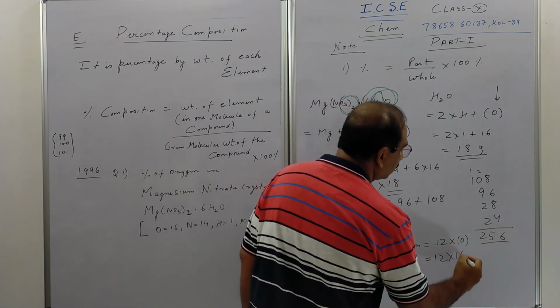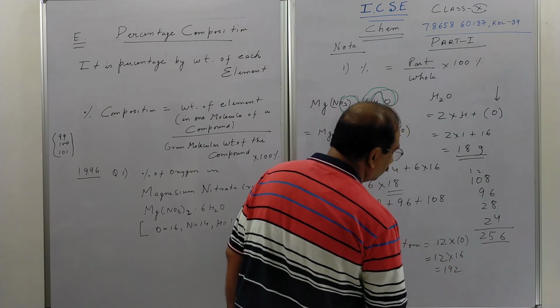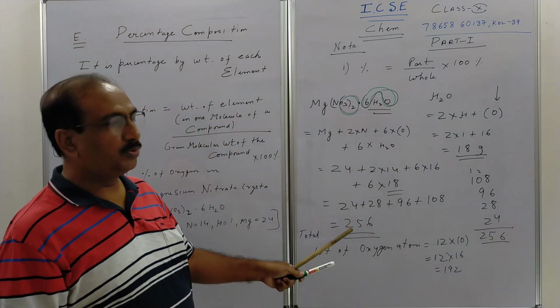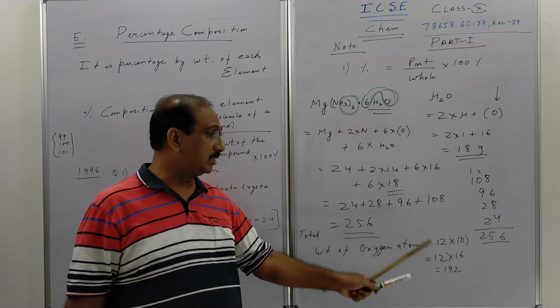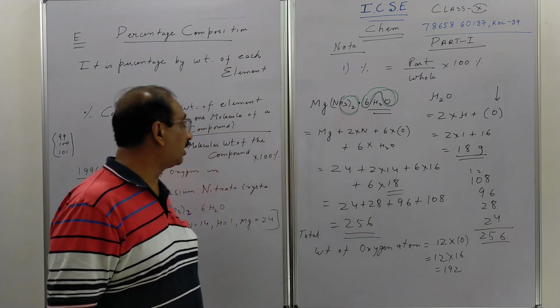So 12 into 16 is 192. So out of 256, the weight of 12 oxygen atoms is 192.